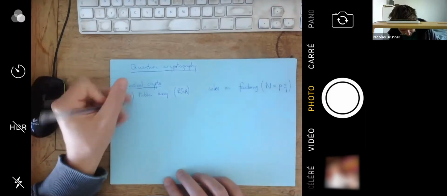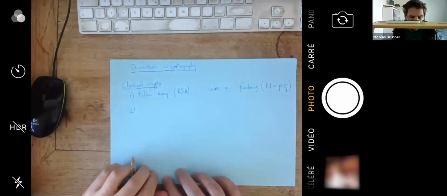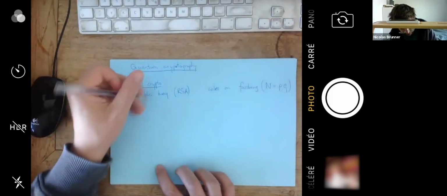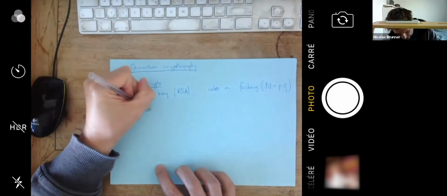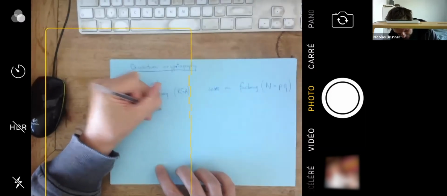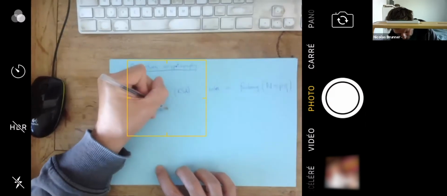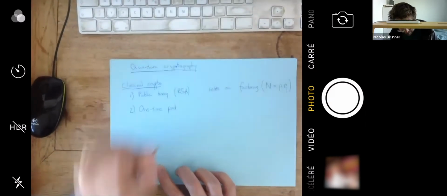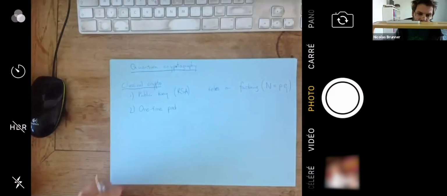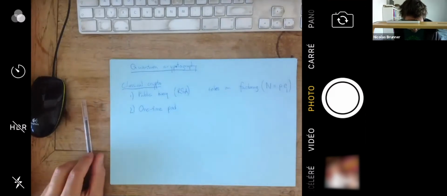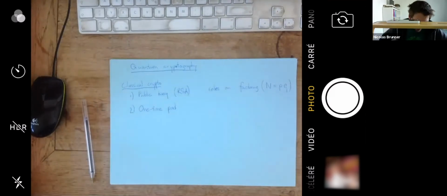Now, this brings us to a second type of protocol for classical cryptography. And this is something quite a bit different called the one-time pad. This is actually something much older. And in a sense, it's again based on the idea of the lock, the padlock, right?